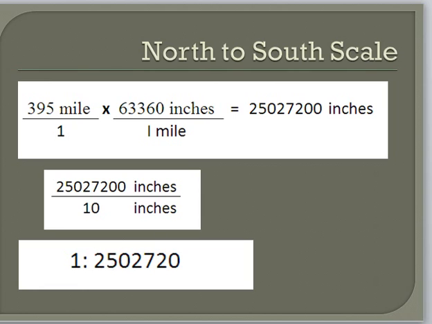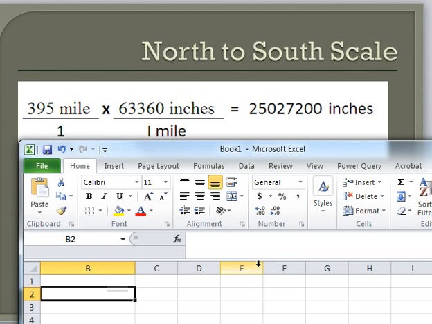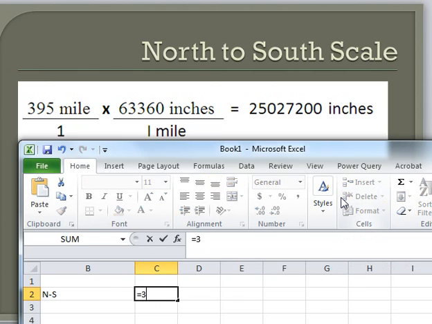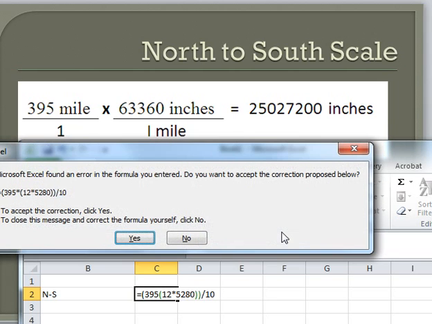And you know what? I'm going to check the math because it's just a good idea to check the math. Okay, so I've got north to south here, and I have 395 miles. I'm going to convert that to inches, and I want to divide all of that by 10 to see what the reduction has to be.